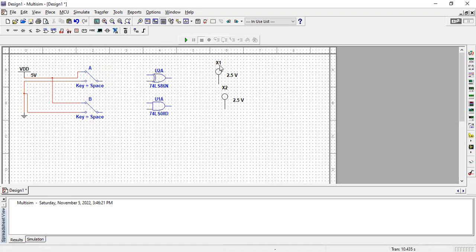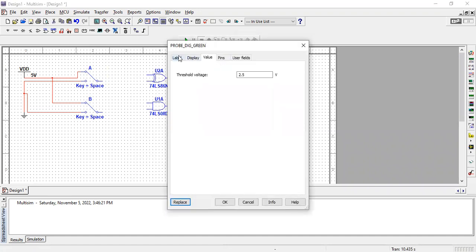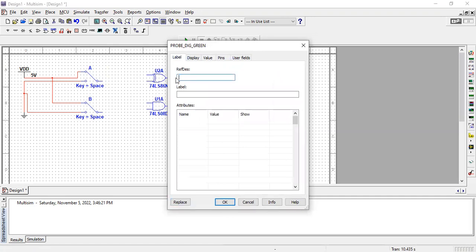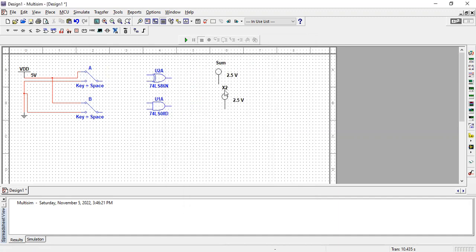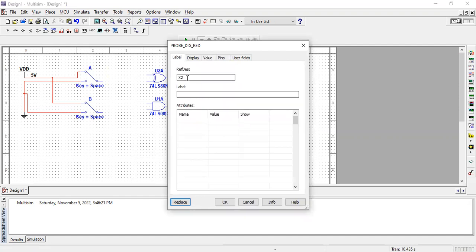The output functions are sum and carry. So I'm going to label one with sum. And for the next one, I need to mark this label with carry so that they resemble our design.